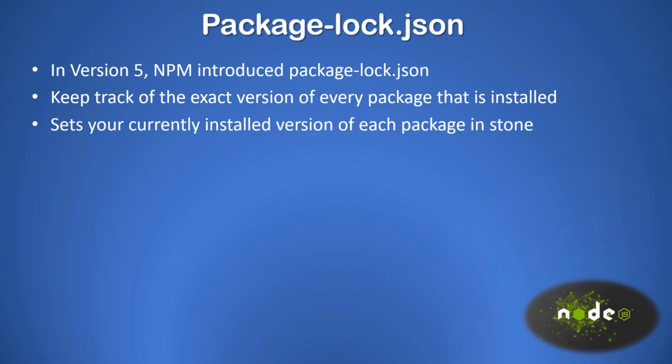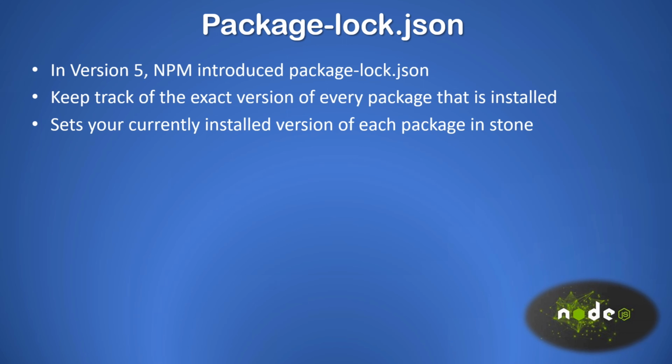We will not get the exact version of your node modules on a daily basis, so your original project and newly initialized project are actually different in this scenario. That is where package-lock.json sets your currently installed version of each package in stone, so that we have these exact versions maintained.